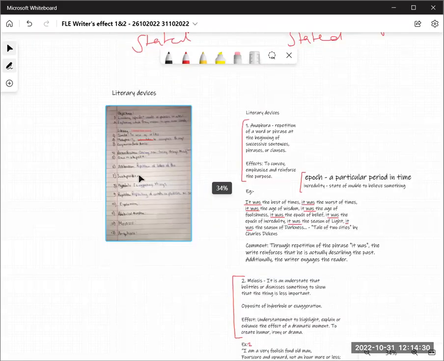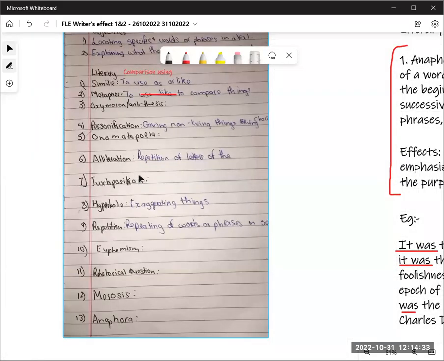Now start read the next one. What is the next one, Ashok? Tell me. Rachit, can you hear me?